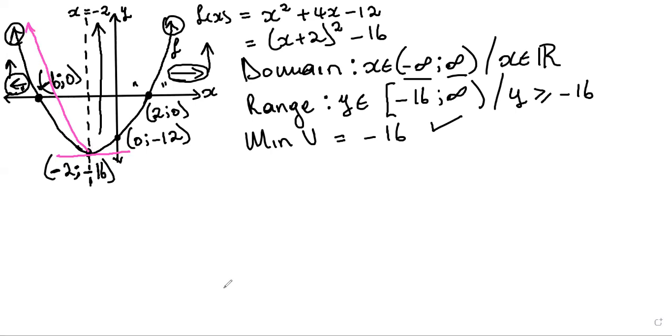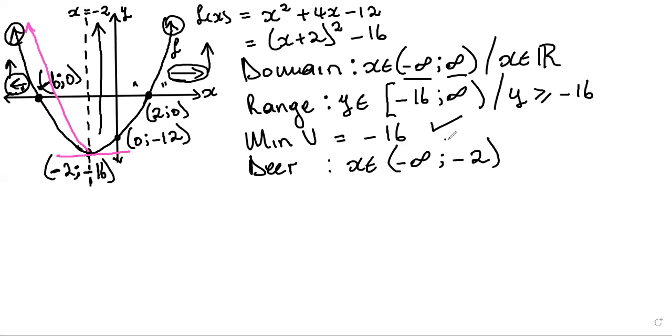So if I want to know the interval of decrease, or rather, where is the function decreasing, then what are you going to tell me? You're going to tell me that the function is going to decrease for all the values of x that are from negative infinity up until negative 2.